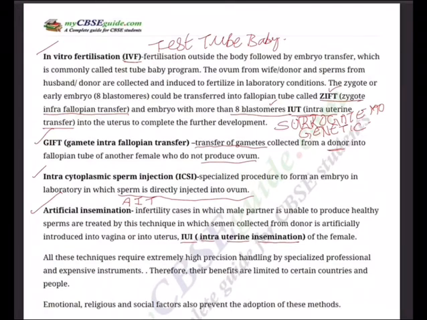All these techniques require extremely high precision handling by specialized professionals and expensive instruments. Therefore, their benefits are limited to certain countries and to certain groups of people. So emotional, religious and social factors also prevent adoption of these methods.